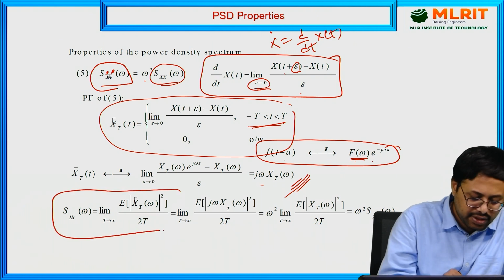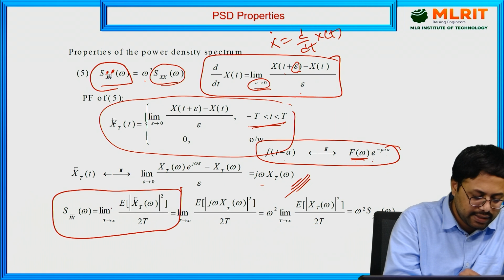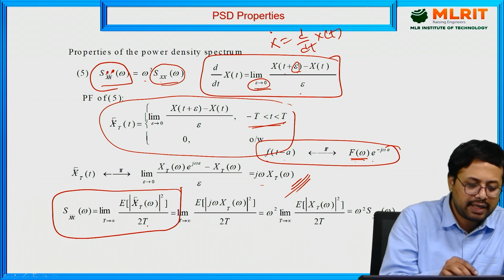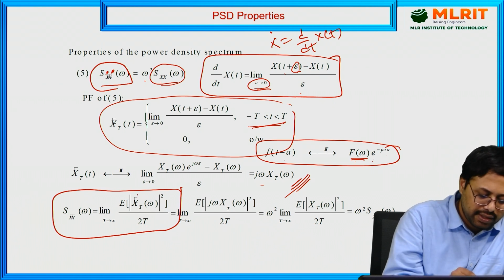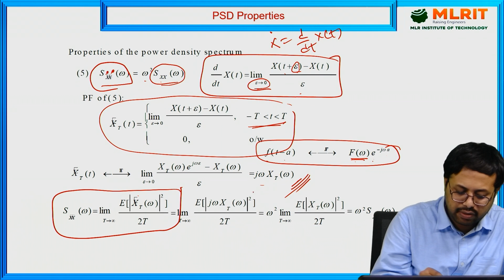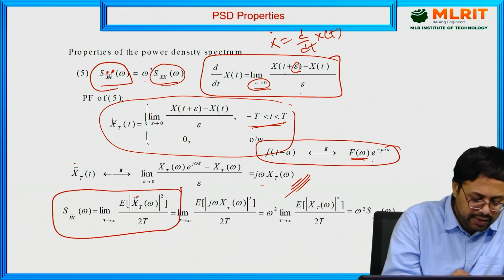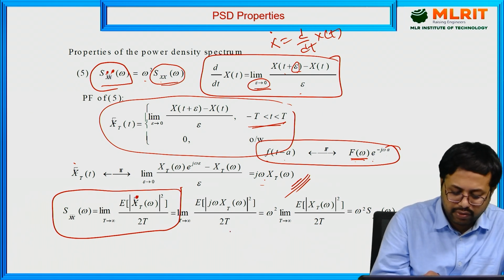This is the definition of power spectral density: Sxx of omega is equal to the limit as T tends to infinity of the expectation of the magnitude of X_T of omega whole square by 2T. But here, on the left-hand side, we are taking x dot, so we apply it to x dot, which gives j omega X_T of omega whole square by 2T.